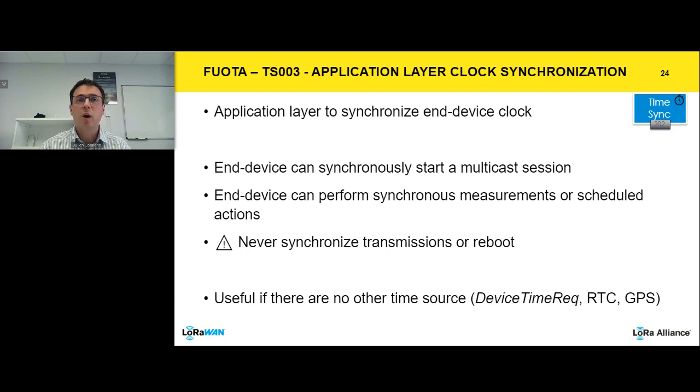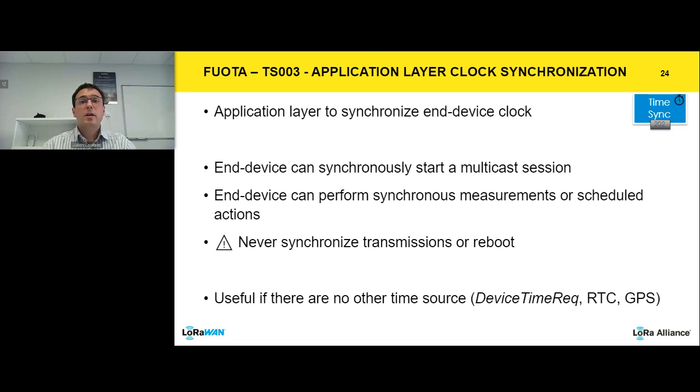Reboot is important as well because usually end device firmware, when it reboots, does a join request. Even though we have a backoff mechanism for join requests, it's important not to synchronize the reboot. So have a random delay before any transmission or before any reboot.